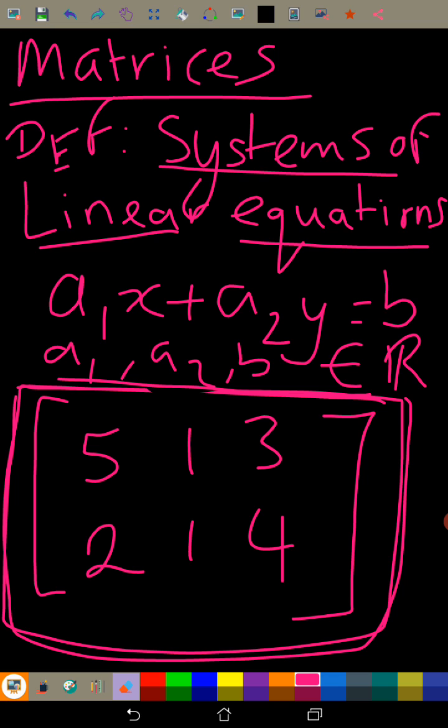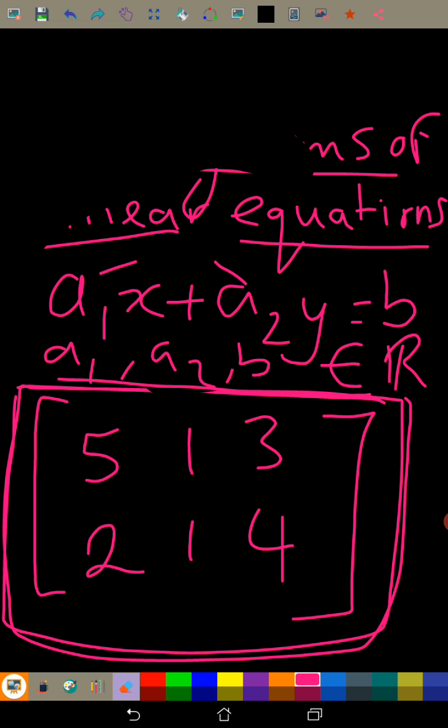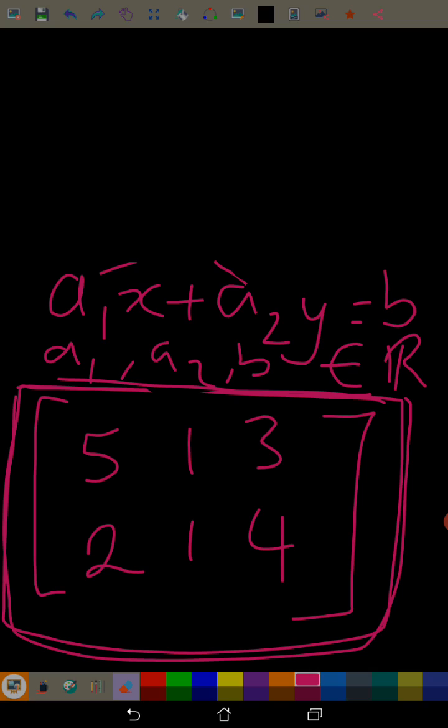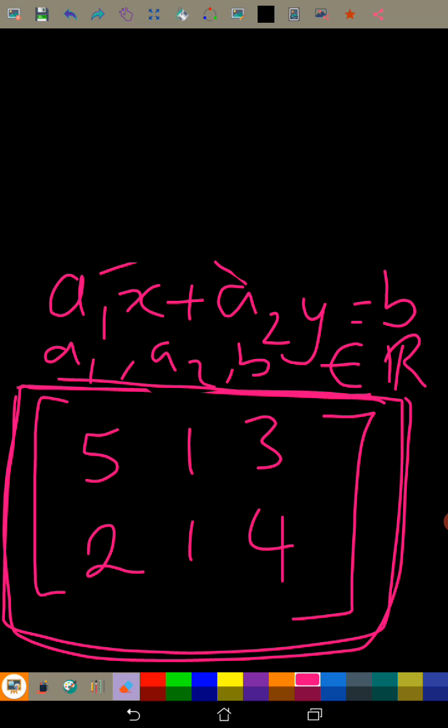And of course, a1 is not equal to 0 and a2 is not equal to 0. Right now I'm understanding that in mathematics we have to define everything in a very accurate way, which is quite difficult for me. But a1 and a2 are not equal to 0.